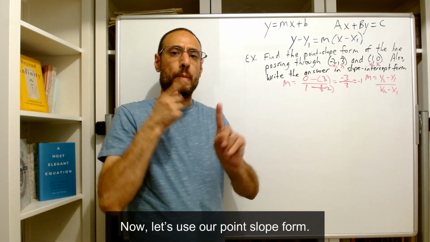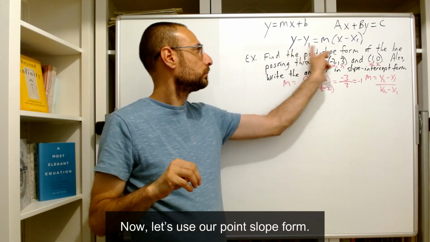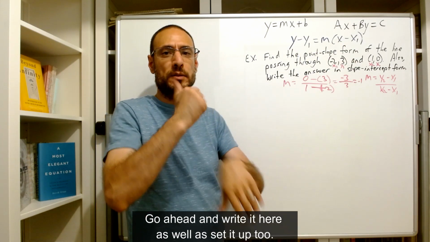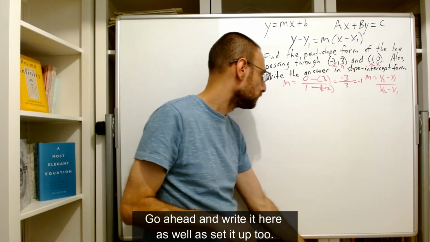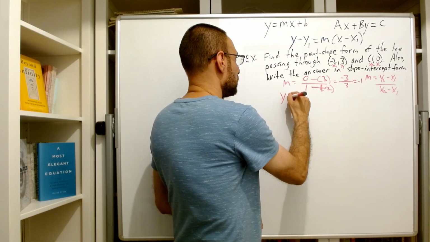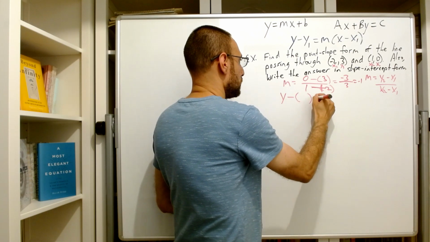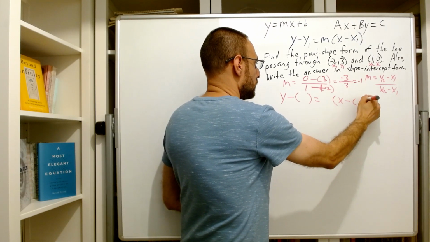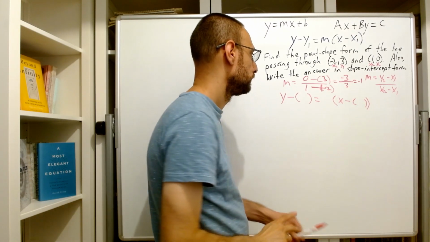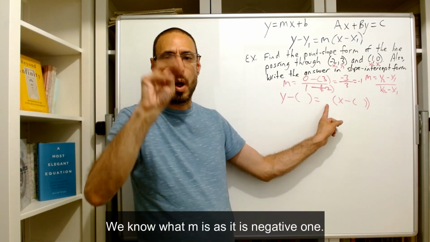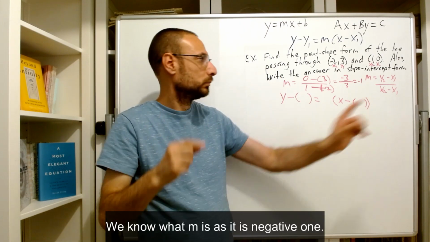Now, let's use our point-slope form. Go ahead and write it here as well as set it up too. We know what m is as it is -1.